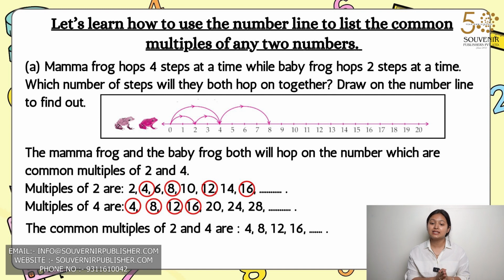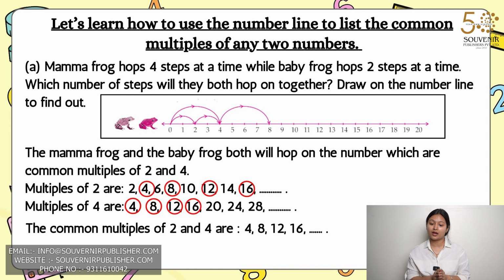Students, now let's learn how to use the number line to list the common multiples of any two numbers. For example, Mama Frog hopped 4 steps at a time, while Baby Frog hopped 2 steps at a time. Which number of steps will they both hop on together? Draw on a number line to find out. The Mama Frog and the Baby Frog both will hop on the numbers which are common multiples of 2 and 4.